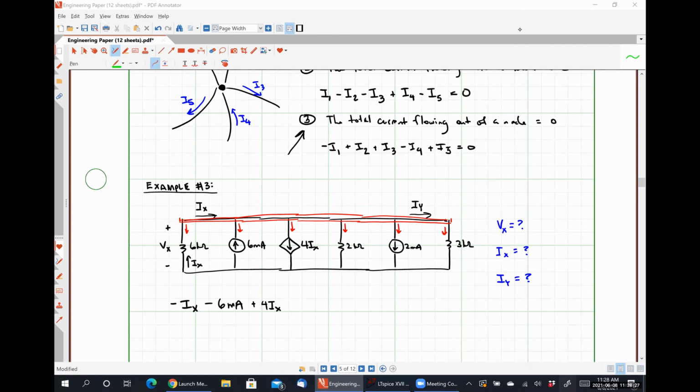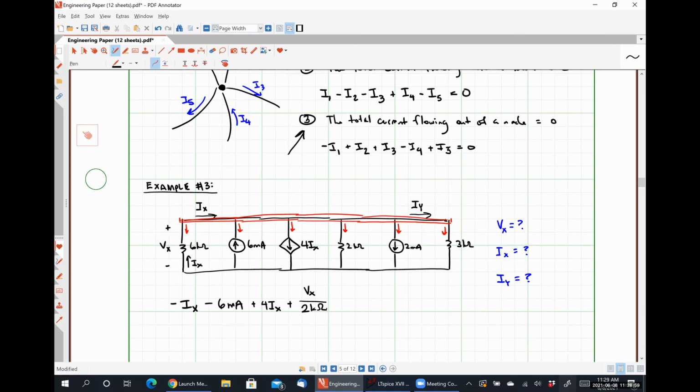So I would argue that using Ohm's law, we could say that the current flowing down through that 2 kilo ohm resistor is Vx divided by 2 kilo ohms. So let me take a moment to explain why I can say that.